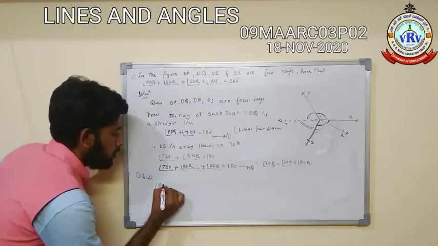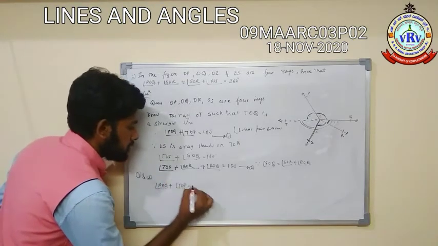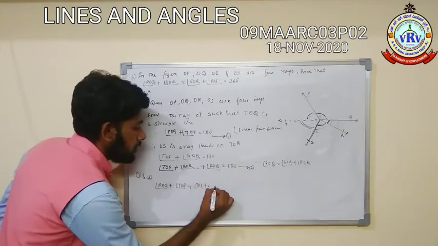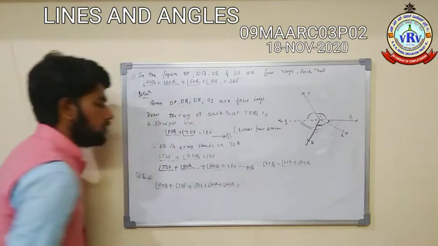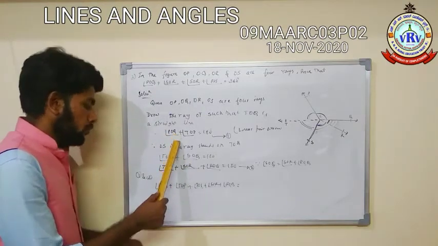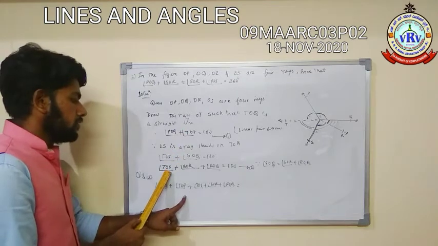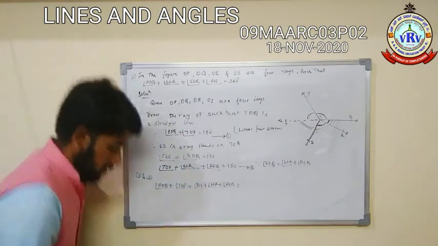What you will get? The angle POQ plus angle TOP plus TOS plus SOR plus ROQ is equal to, now I am adding the left hand side, POQ plus TOP plus TOS plus SOR plus ROQ.